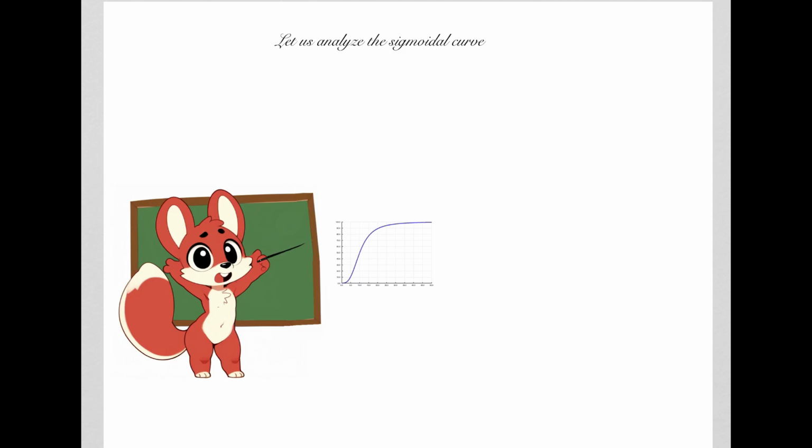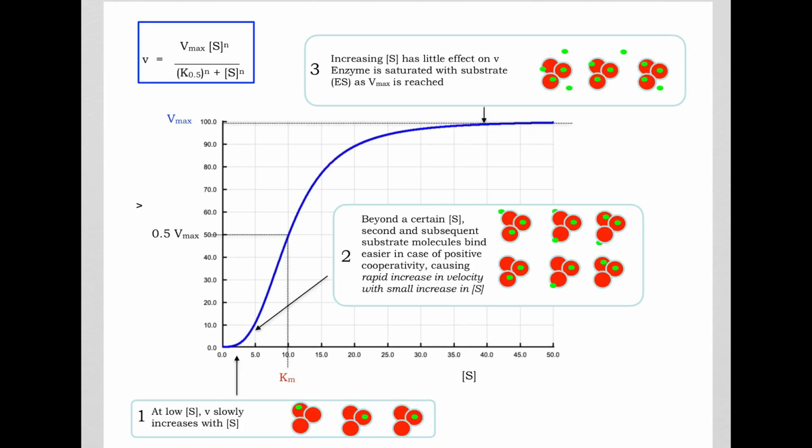Now let's look at the sigmoidal curve. So here is the equation for the sigmoidal curve. In case of the sigmoidal curve, the n is less than 1 or greater than 1, but it's not 1. If n was 1, then that equation would become the Michaelis-Menten equation for the hyperbolic curve.